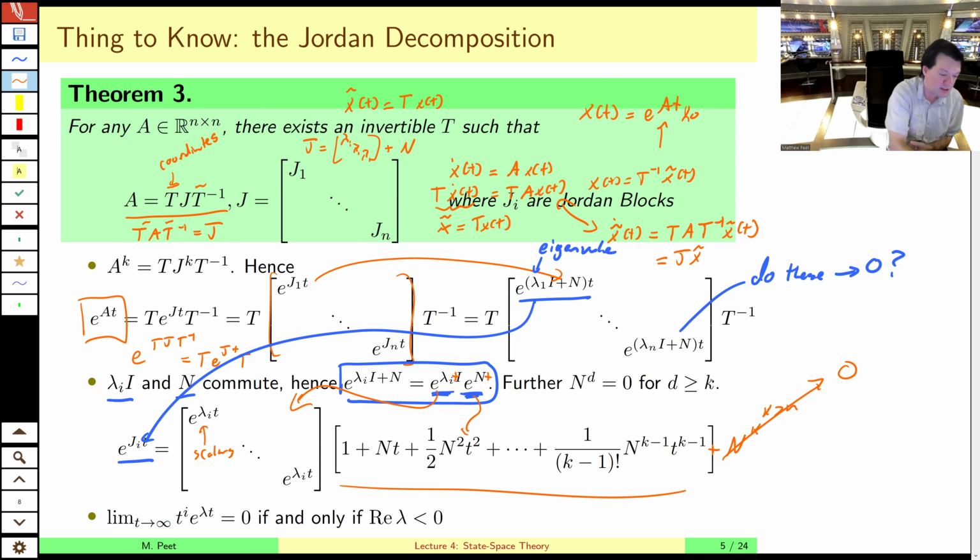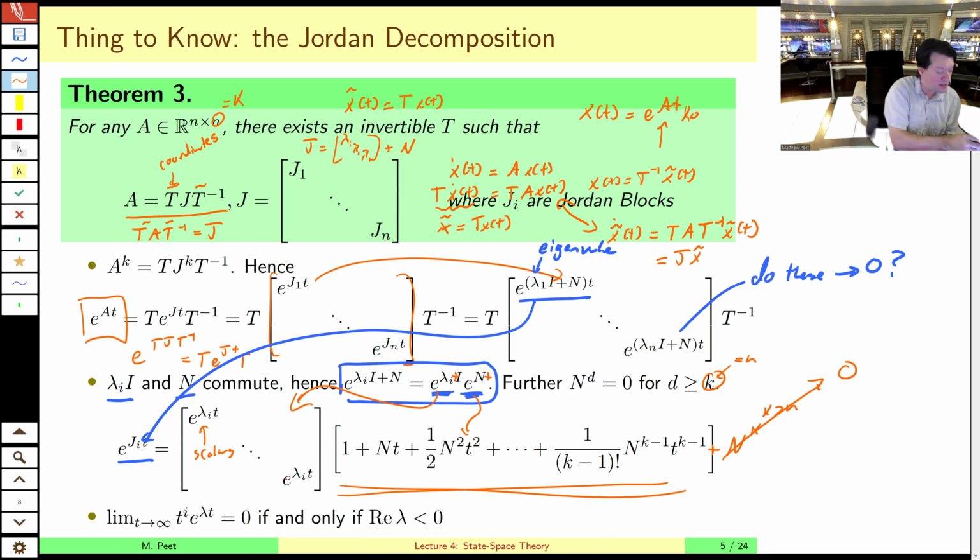Actually this says greater than k, that actually is n equals k. So sorry about that, it's equal to n. Hopefully that doesn't cause confusion. So anyway, we have a finite matrix which consists of powers of t and a bunch of exponentials which consist of just the scalar exponential.